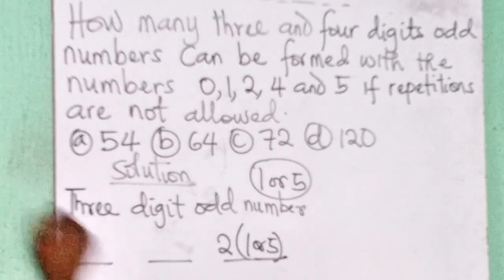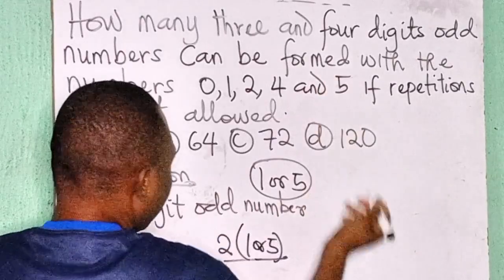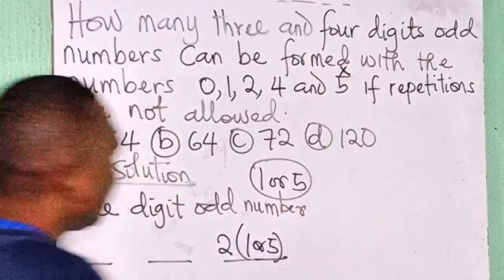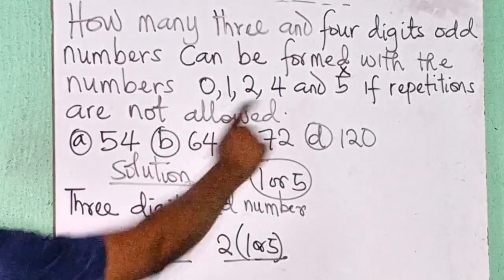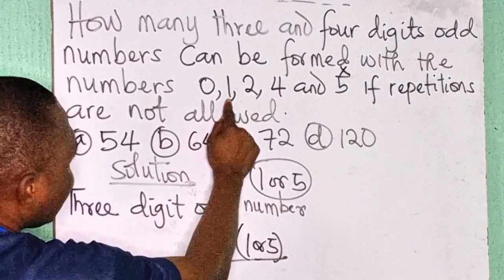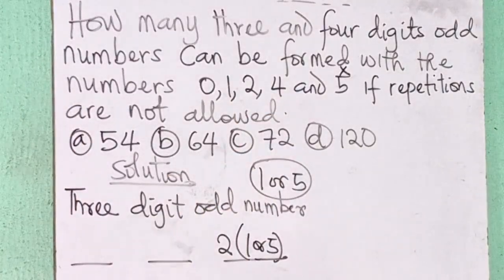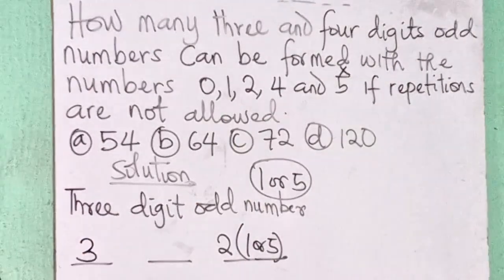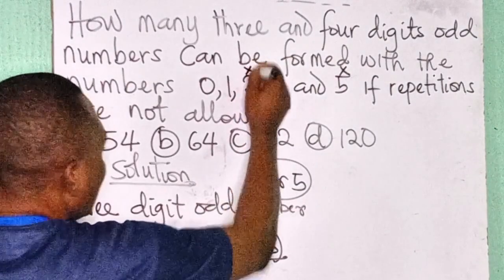Supposing I pick 5. Now the first digit can either be filled with 1, 2 or 4, excluding 0. So I'm having 3 choices here. Now, let us say that I decide to use 2, for instance.